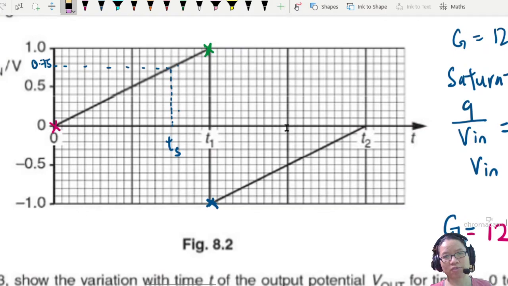So 5 boxes away from T1 is here. So here, the V in is 0.75 volt. Okay, so here is when saturation happens.